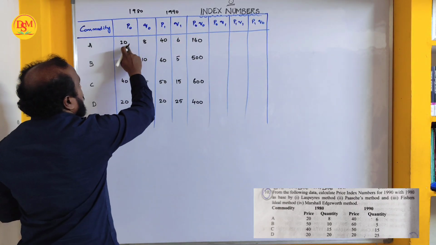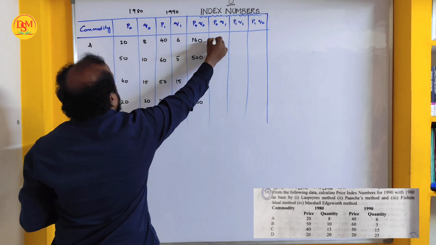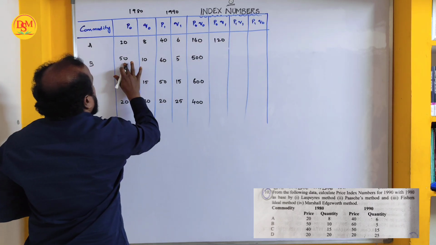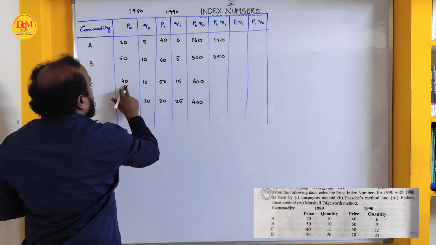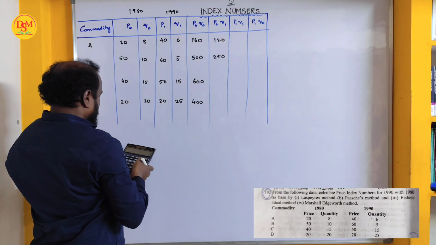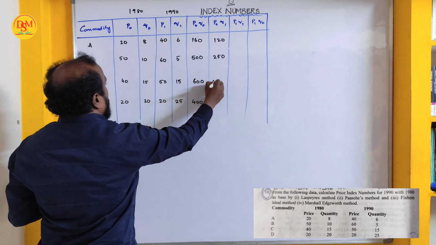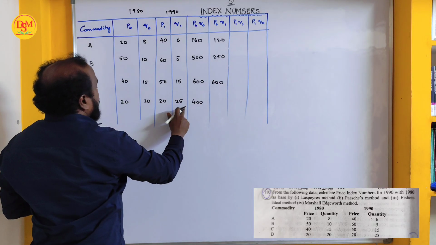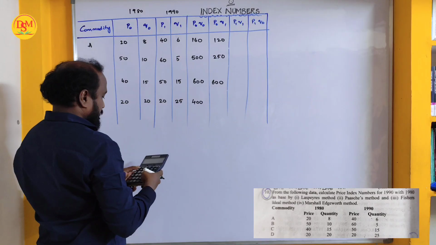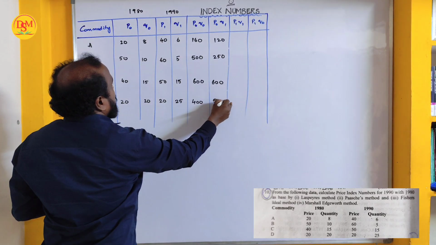P0 is 20, Q1 is 6. 20 into 6, 120. 50 into 5, 250. And 40 into 15, 600. Next is 20 into 25, 500. These are the values.